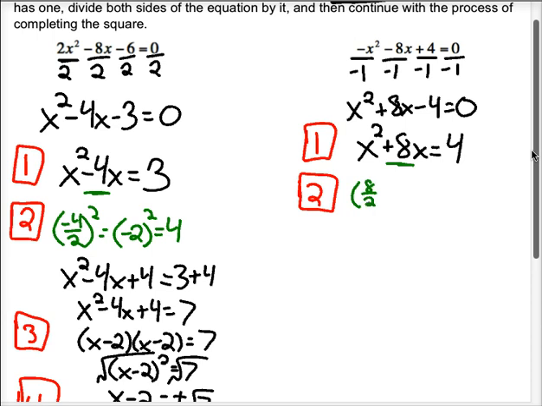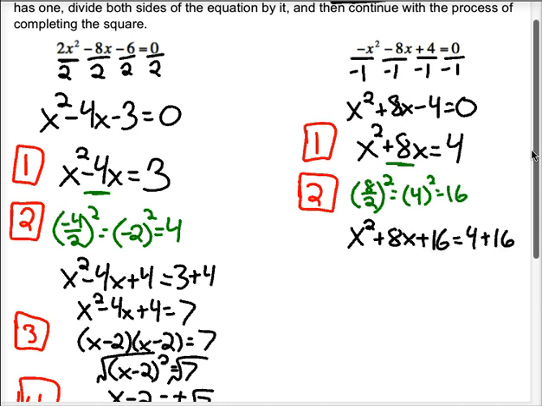So b over 2 squared, 4 squared is going to give me 16. So I add that to both sides of my equation. And then I can clean it up. All right, I'm going to combine that 4 and the 16 to give me 20.